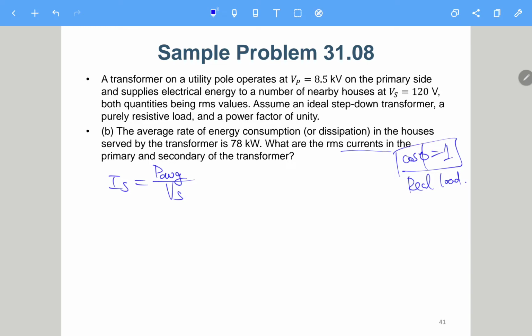Of course we have a cosine phi in the denominator, but cosine phi is 1, so it's nothing. So this is 78 times 10 to the third power over 120 volt.